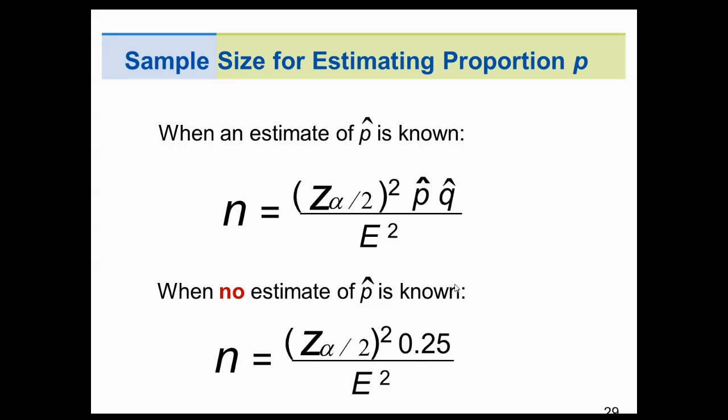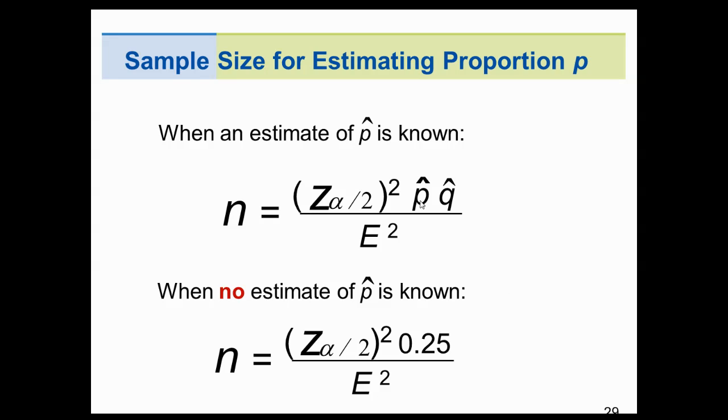So you're saying, well, if p hat's not given to me, how are they coming up with 0.25? Well, if you don't know what p hat is, you don't know what q hat is. So what the authors do here is use 0.5 for p hat and 0.5 for q hat. If they don't know what it is, we just say, hey, 50-50, 0.5, 0.5.